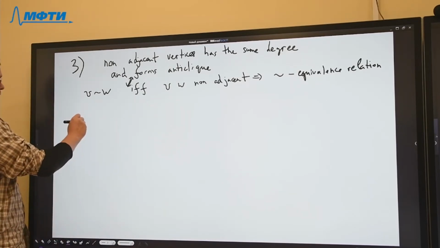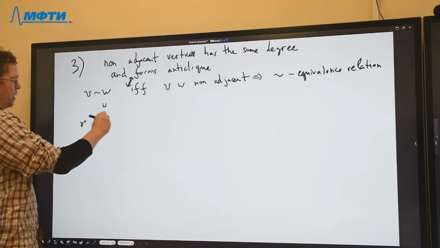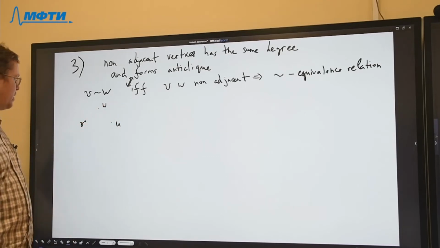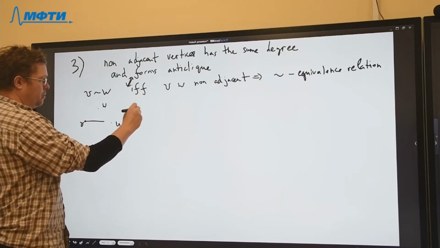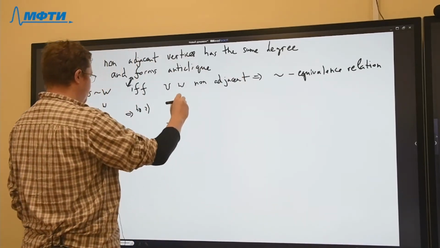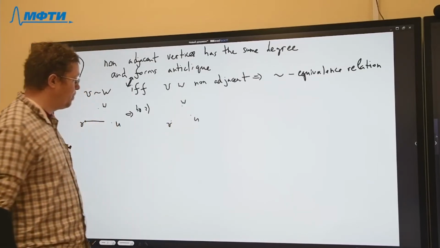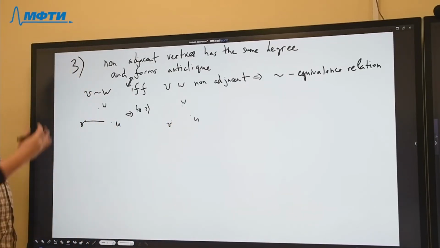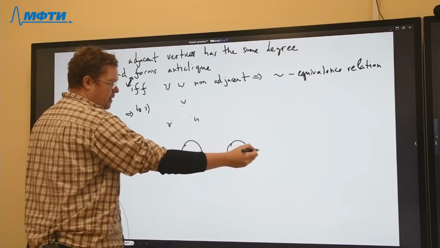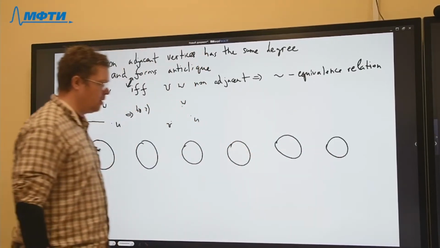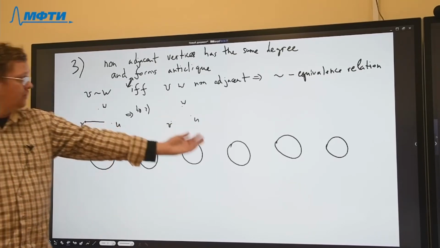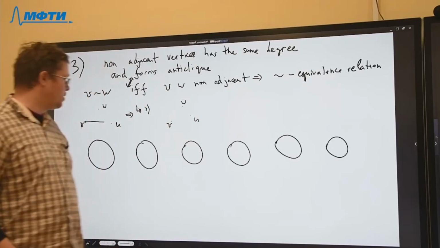If we have no edges between V and W, and W and U, then by property 2 we have no edges between V and U. So from this we have the equivalence classes, and our graph will have the same construction as the Turán graph, where we have these anti-cliques.